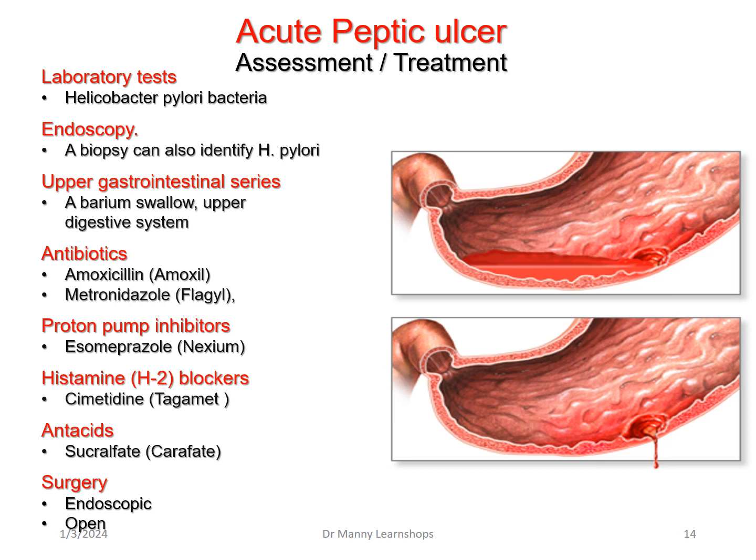Or you could be put onto proton pump inhibitors such as esomeprazole, or histamine 2 blockers such as cimetidine, or even things like antacids, sucralfate, and sometimes, rarely, surgery, which could be endoscopic or it could be open, depending on how bad the ulcer is.